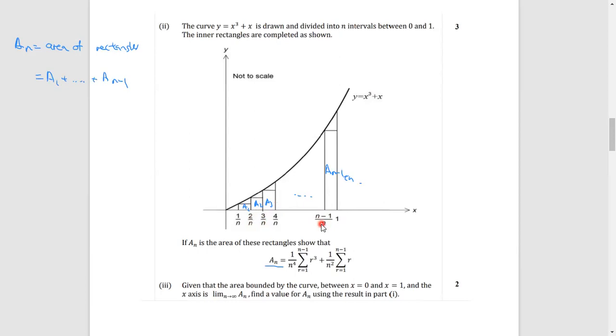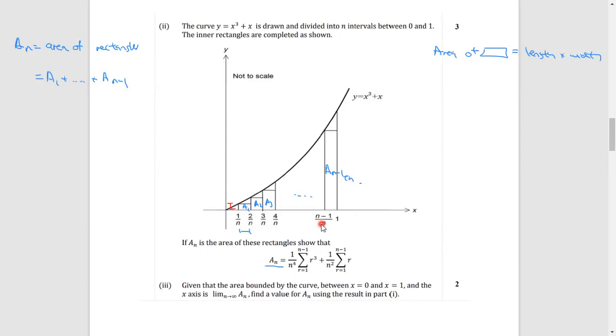Now, how do you work out the area of a rectangle? Well, the area of a rectangle is just the length times the width. We'll need to work out the width, and we'll need to work out what we'll call the height here. But once we work out the width and the height of each one, we just multiply them together, and then that's the area for each one.